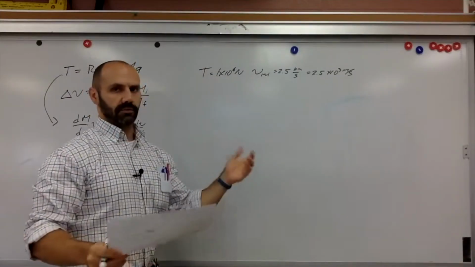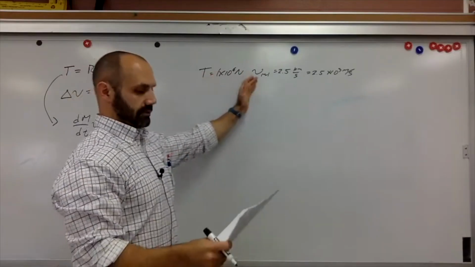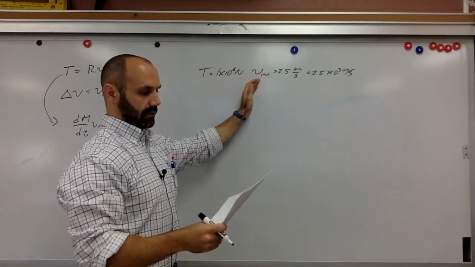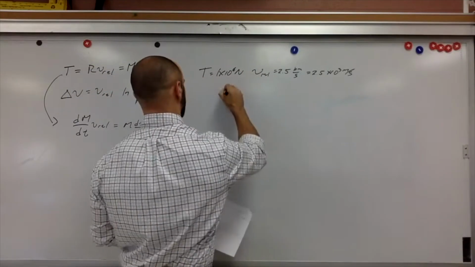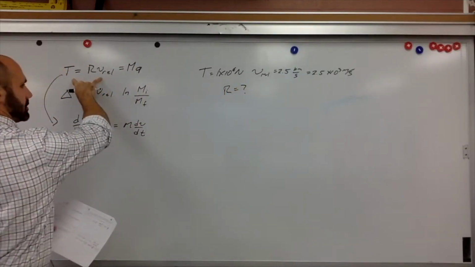A lot of these problems are going to feel like plug and chug. So here we've got T, v rel, and we are looking for the rate at which fuel is being consumed. So what equation are we going to use? We're going to use this one.